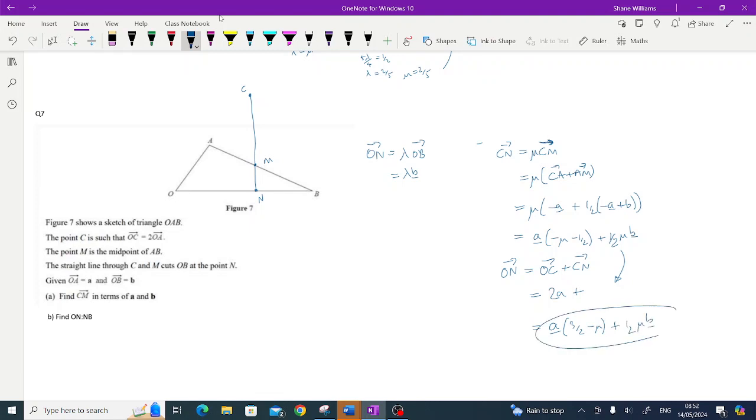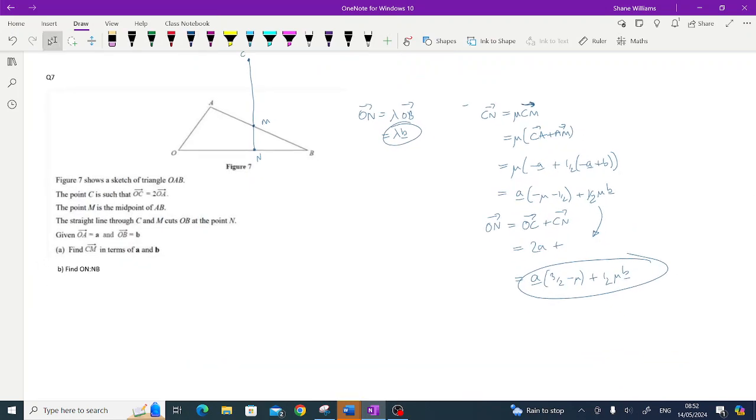And this should equal this. So it means the number of a's should be the same and the number of b's should be the same. So I know that lambda should be a half mu, that's the b's being the same, and the a's should be the same, but that means 3 over 2 mu must equal 0. So that tells me that mu is equal to 3 over 2. And it tells me therefore that lambda equals 3 over 4.